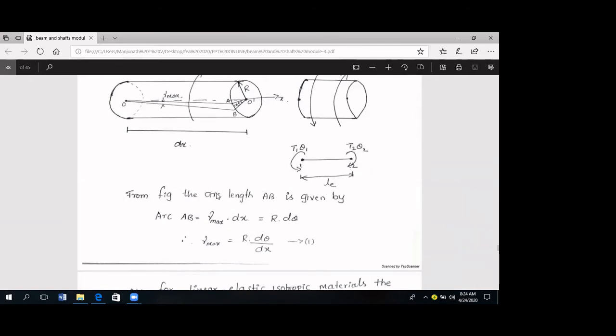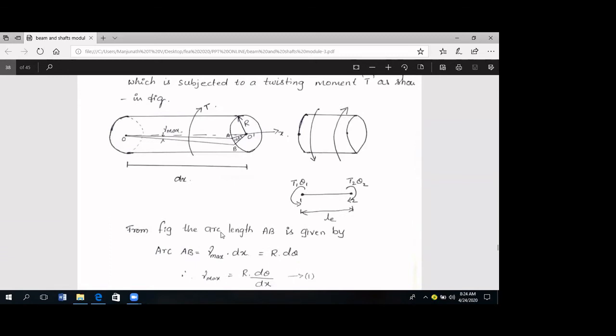Now from the figure, the arc length AB is given by AB equals gamma max into dx. From this triangle AOB, the arc is given by radius into theta, which gives the arc always, right?